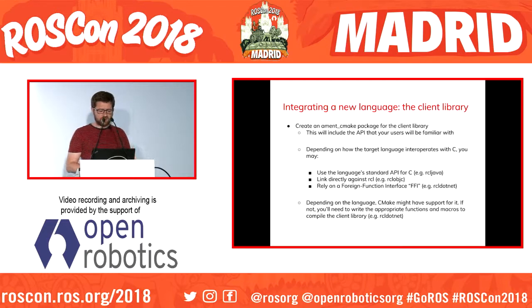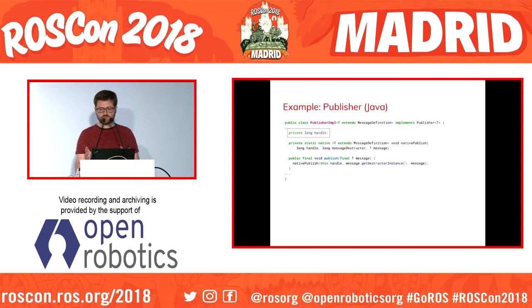The 3 client libraries that I'm presenting each have a different way of interacting with C. So there's a chance that your language will fall into one of the 3 options, but we are going to focus on Java.